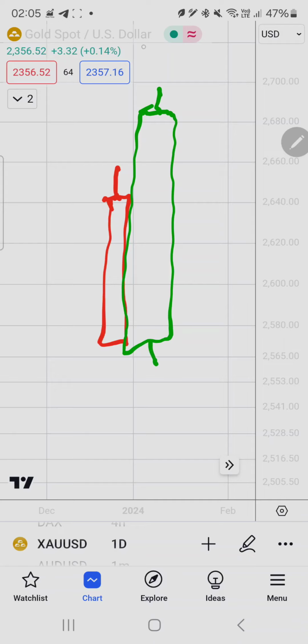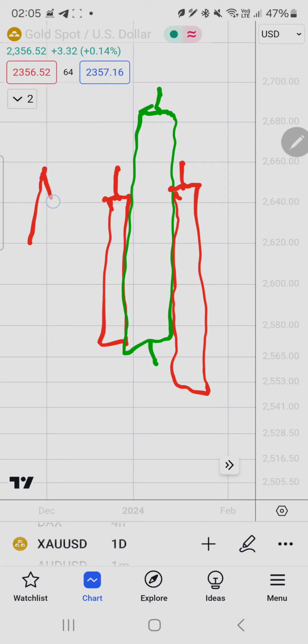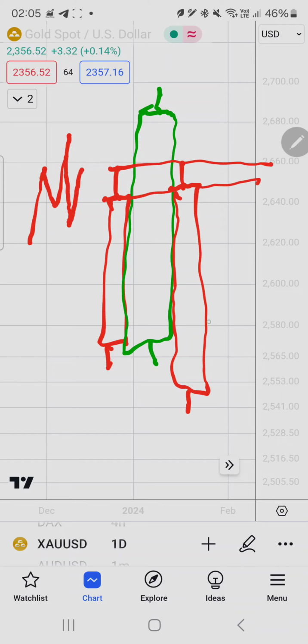Then we have another red candle that is engulfing it, and it's making it like this. So what are we going to expect now? We are going to expect a green candle coming to this area, a green candle touching this area.